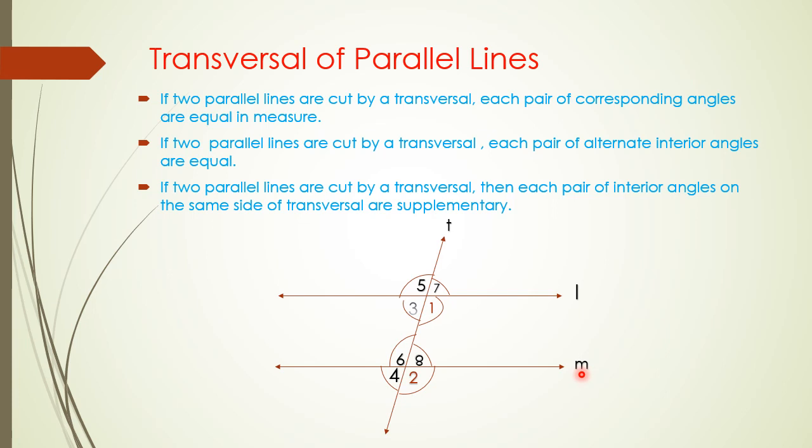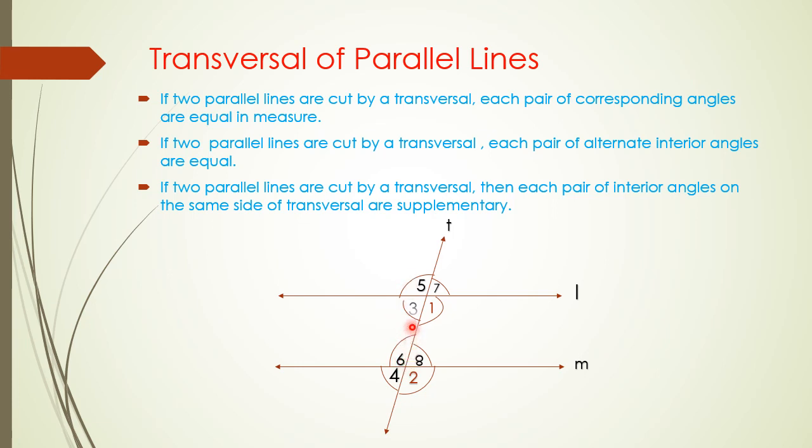In such cases, we can see that the first point is corresponding angles are equal in measure. Children, we have seen what are corresponding angles. Here in the figure, angle 5 and angle 6, one pair of corresponding angles, they are equal in measure.